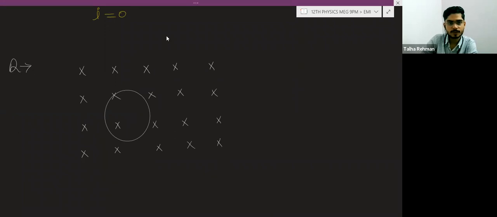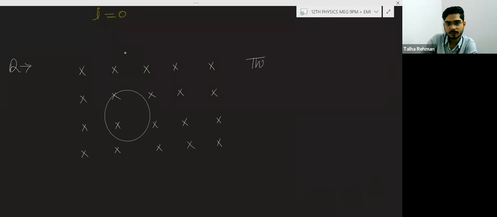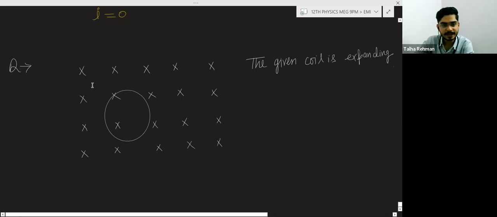So they are saying the given coil is expanding. And what is the meaning of expanding? Expanding means this. Suppose this is your coil and this coil is expanding like this.